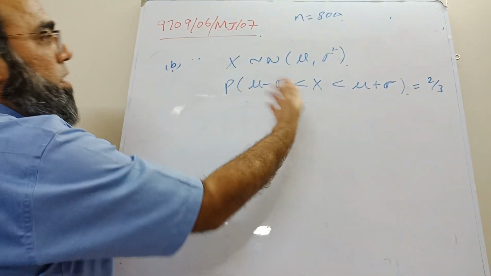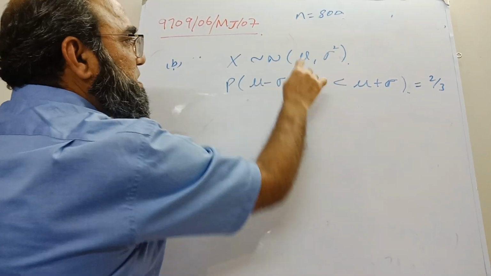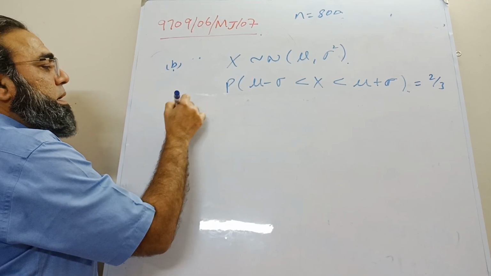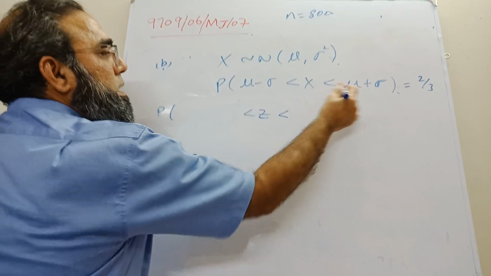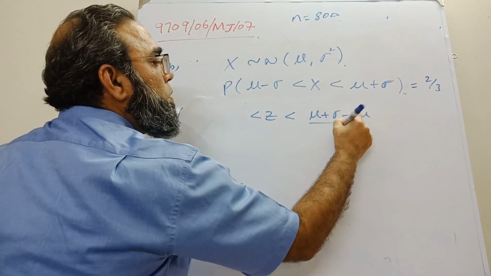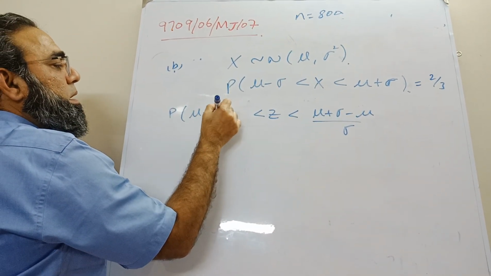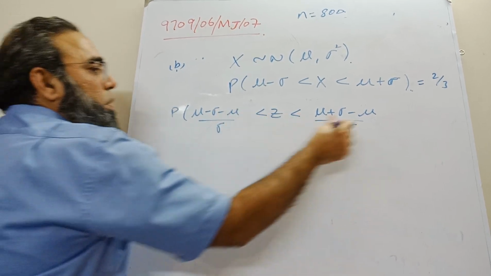We need the number of observations within this range out of these 800. So I'll write the probability, that is its working: Z is between (mu plus sigma minus mu) over sigma and (mu minus sigma minus mu) over sigma.